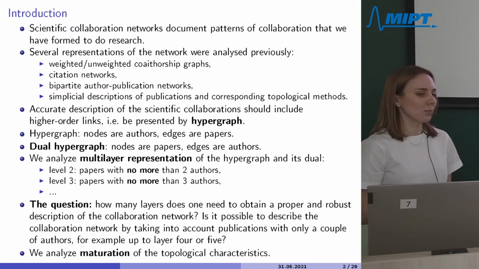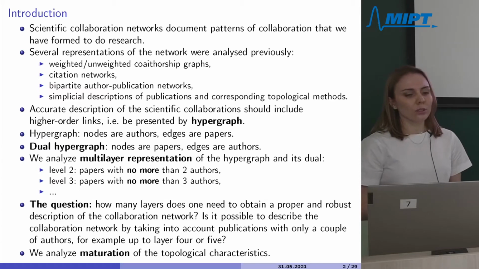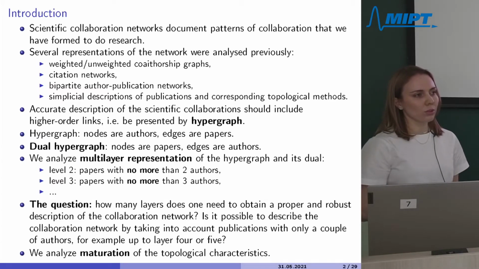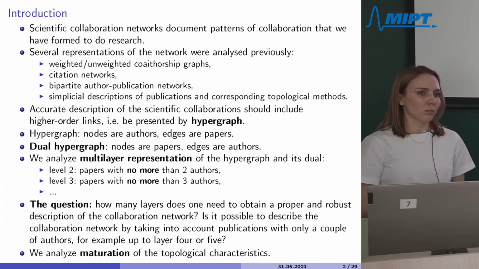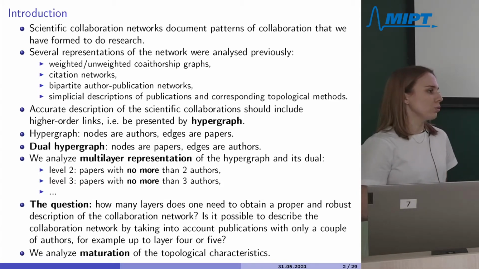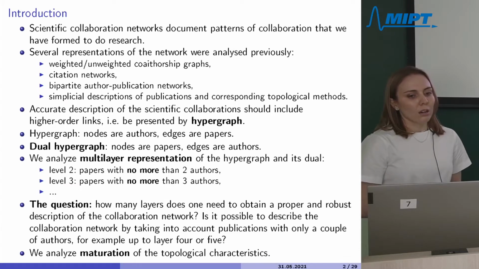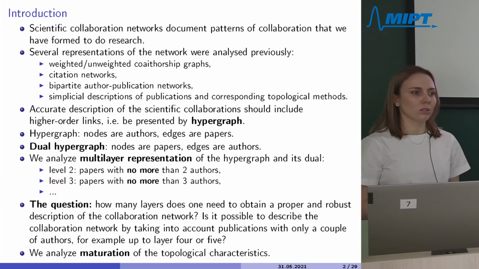In this hypergraph, nodes represent authors, and edges represent papers in which they are co-authored. We can also introduce a dual object, the dual hypergraph, where nodes represent papers and hyperedges represent authors.